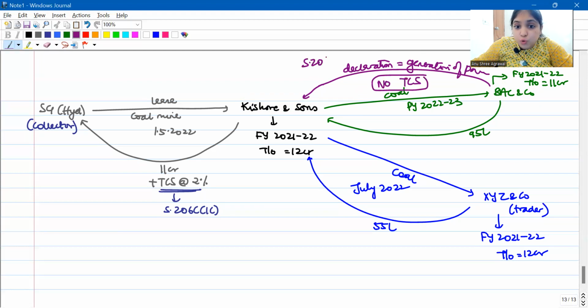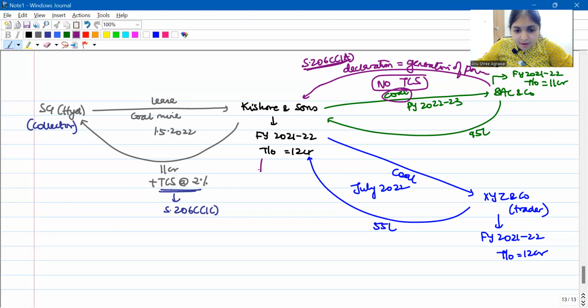This is section 206C1A declaration, guys. See, it is coal. First of all, coal comes under atoms. M for minerals. Minerals like iron ore, lignite, coal. So actually 206C1 will apply. Applying 206C1, who will collect tax?